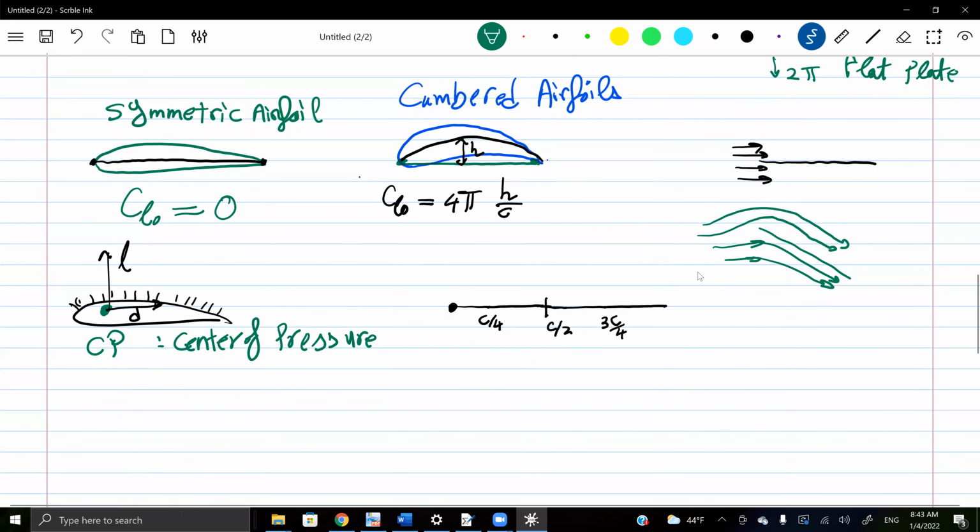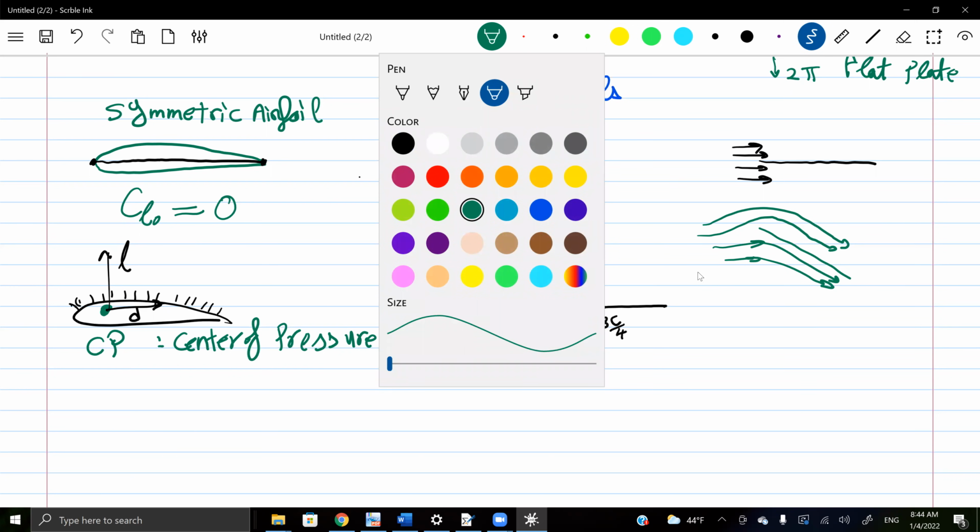These two components act, one of them, CL note, acts here. And this is the lift due to camber. CL alpha alpha acts here. Let's have a different color. Maybe the other way around.